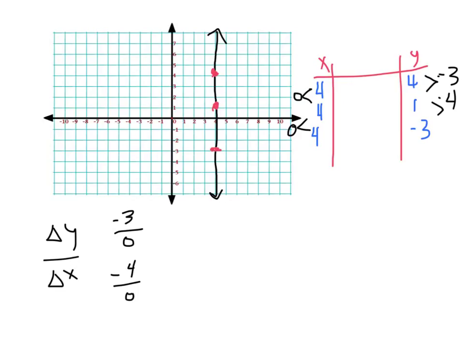Now this is where we run into a problem, because the calculator is going to give you an error for both of these, and what we call that is undefined. It means it's impossible to do that problem. You can't divide by 0, because that's like saying I have 2 cookies and I'm going to divide them into 0 groups.